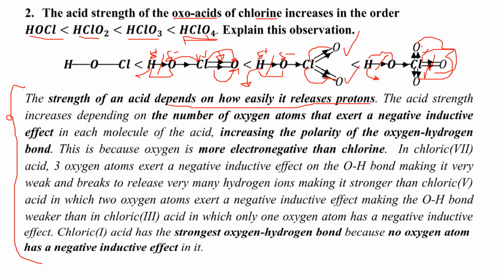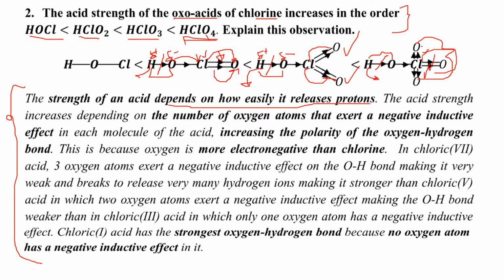That's the factor before you start explaining. Here we didn't state the trend because the trend was given to us in the question. So what you had to do here is start right away in explaining, but before starting to explain, you have to state the factor on which the acid strength depends. So here we say that the strength of an acid depends on how easily it releases protons in solution.